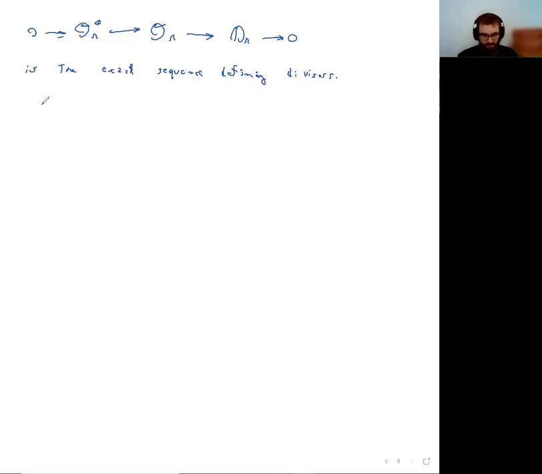And again, this gives a morphism. It gives H0 of O_M, which is nothing but, as we know, the global sections. This is the snake map.